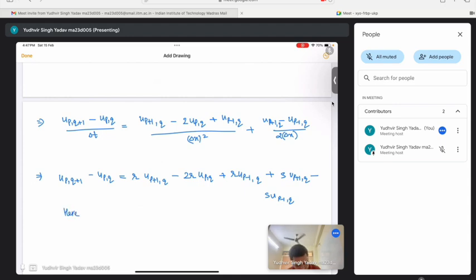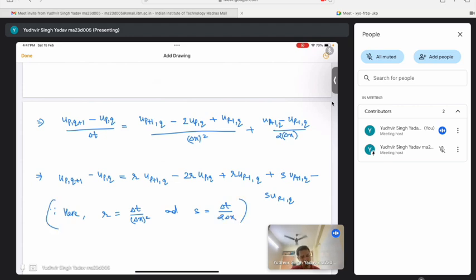Here r is delta t by delta x square and s is delta t by twice delta x.